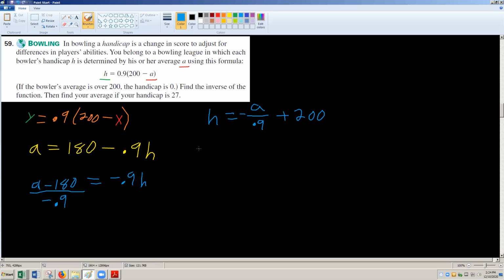Now, it tells us to find the inverse of a function, and find your average if your handicap is 27. This is kind of weird that it wants us to just plug a number in, but whatever. Part 2 of this problem says our handicap is 27, find the average, so minus 0.9 times 27.